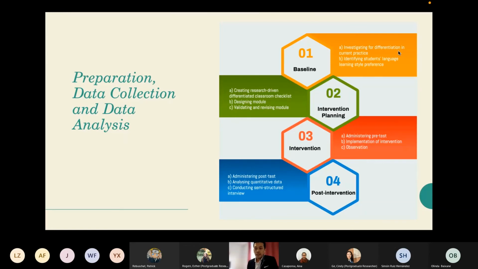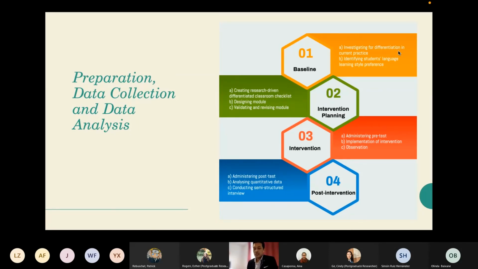And in the intervention planning, I created the differentiated classroom checklist and designed the module, the one that I have briefly explained earlier, and validated and revised the module based on the experts' feedback and also the English teachers' feedback.